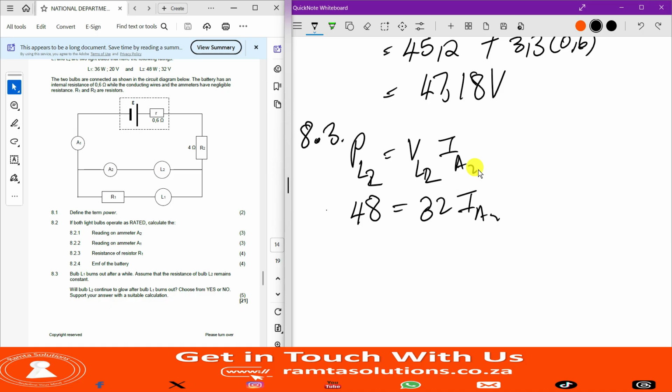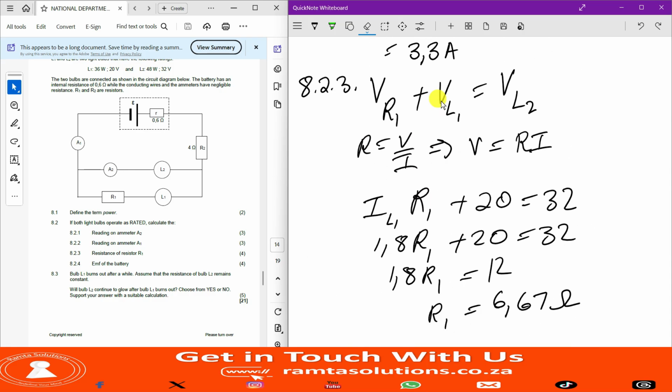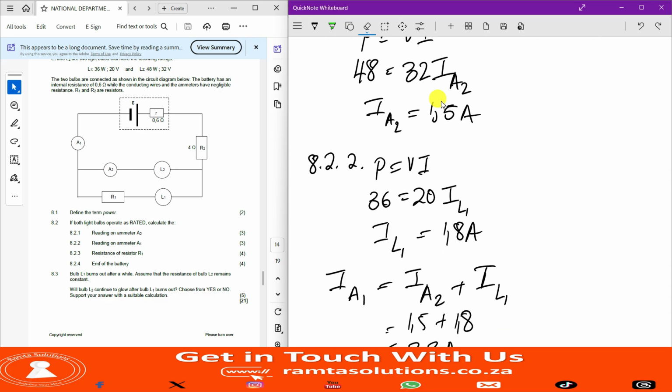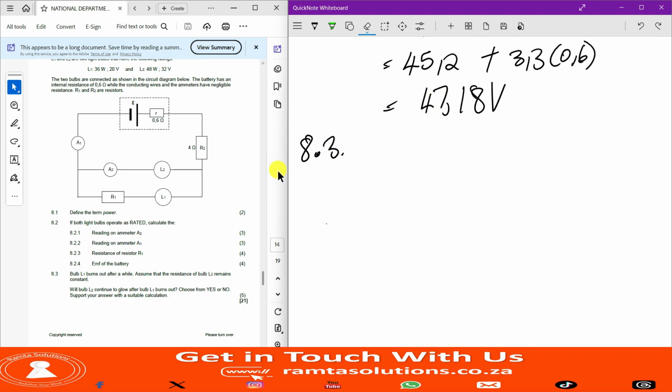This we knew, but it is not answering the question, because we cannot be repeating what we had at 1.5, 8.2.1. So now we want to know the total current.